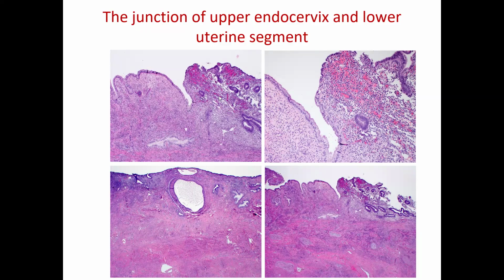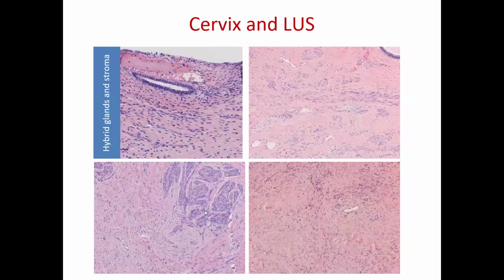So you see this sudden change from endocervix, mucin producing, to endometrial, with no transition, as you can see down here. So again, in the lower uterine segment, you start to see these hybrid glands that don't necessarily look like endometrium, but they don't really look like endocervix because they don't really have much mucin.